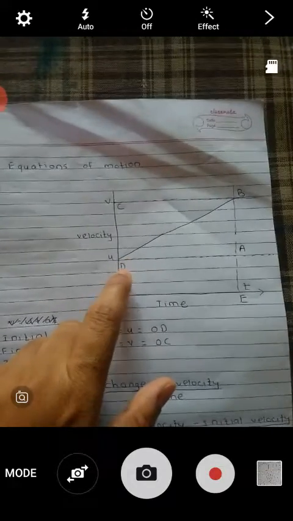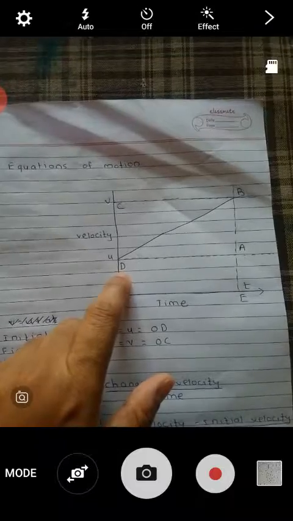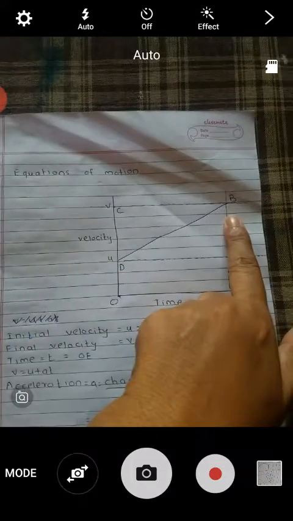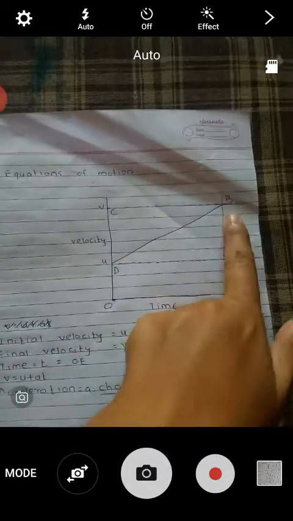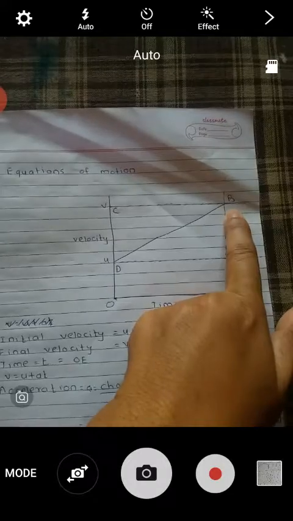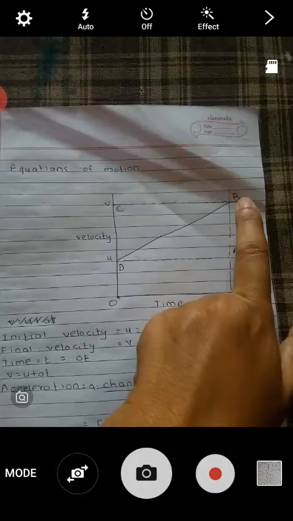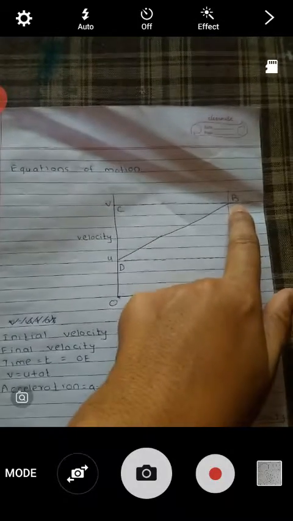D is the initial position of an object. There is one object which is situated at D and its initial velocity is u. This object travels towards B. Okay, it goes towards B. B is its final position. Okay, from B there is one line drawn parallel to x-axis.